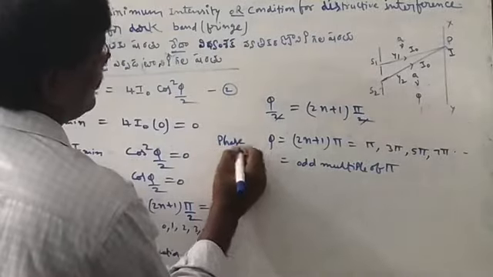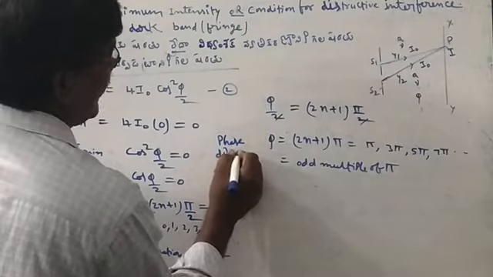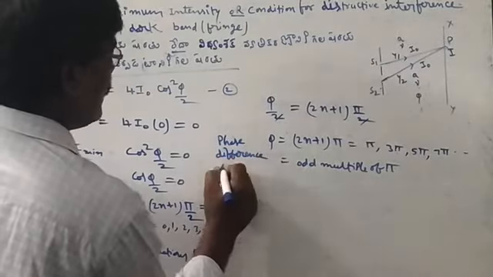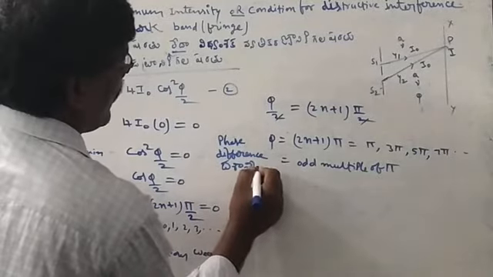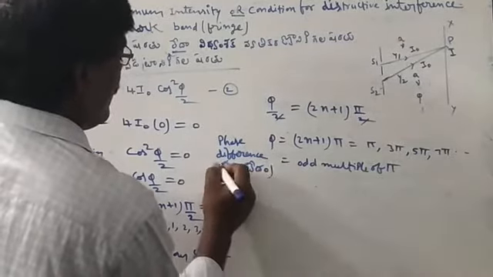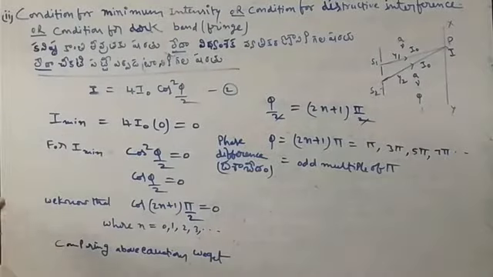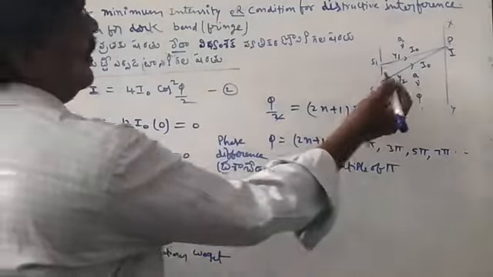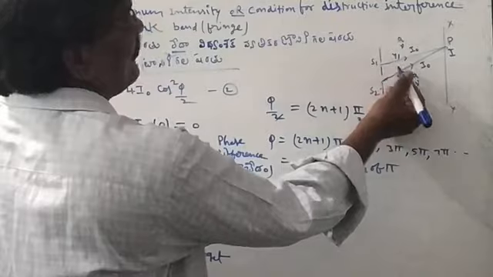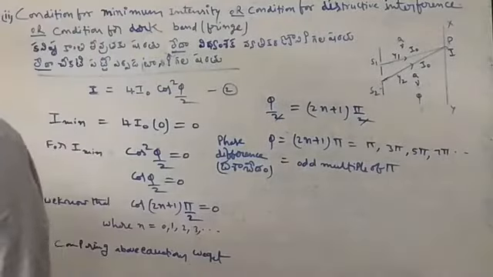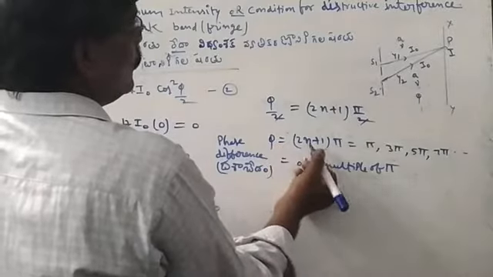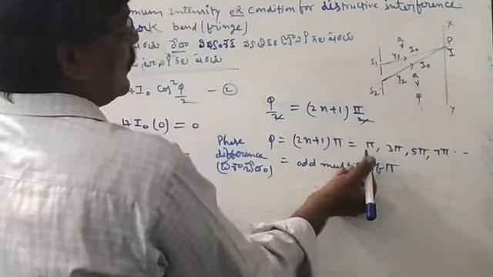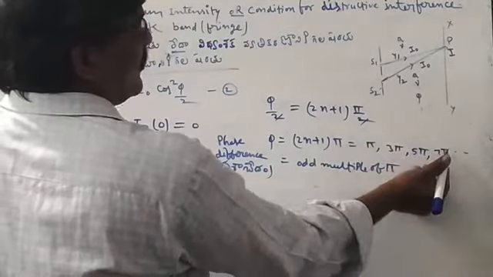Phase difference between the two interfering waves, phi is equal to 2n plus 1 into pi, that is equal to pi, 3 pi, 5 pi, 7 pi and so on.